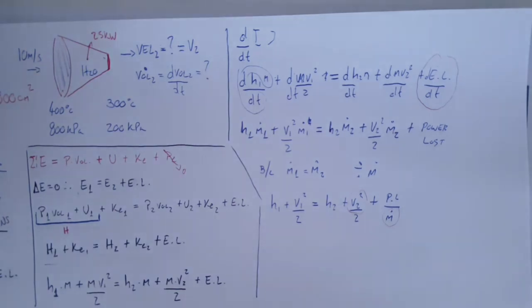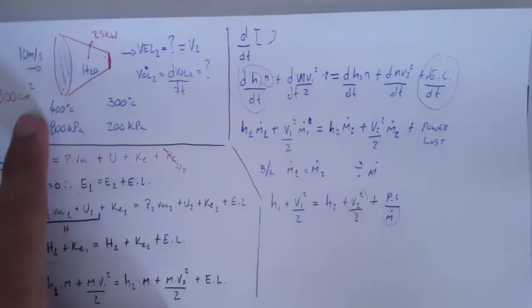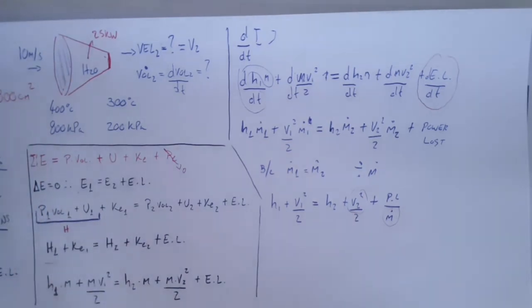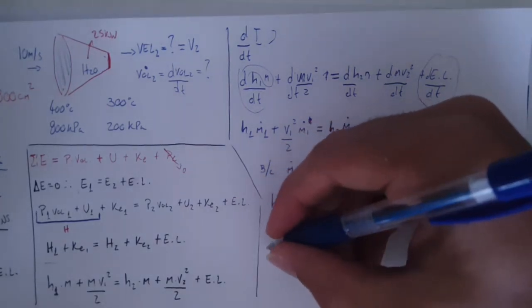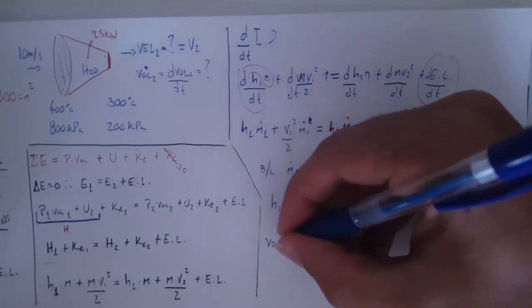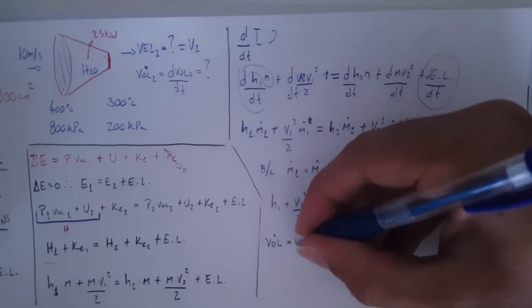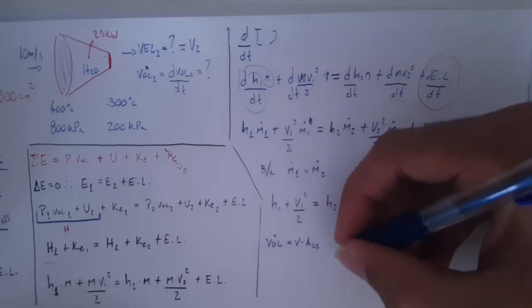If we have the cross-sectional area, remember it's 800 centimeters squared, we can use that to our advantage. We can grab a volumetric flow rate by multiplying the velocity and the cross-sectional area.